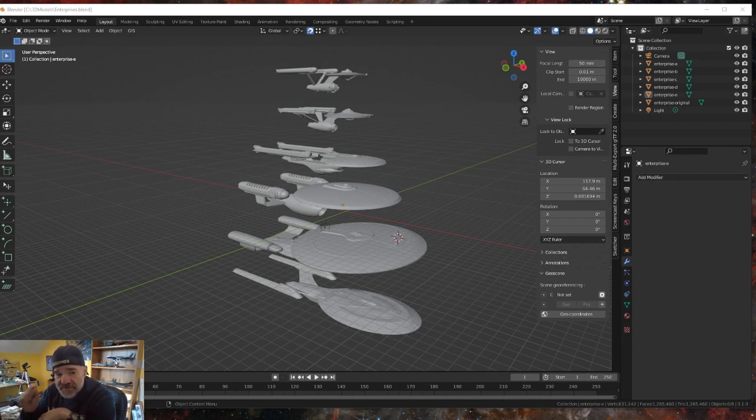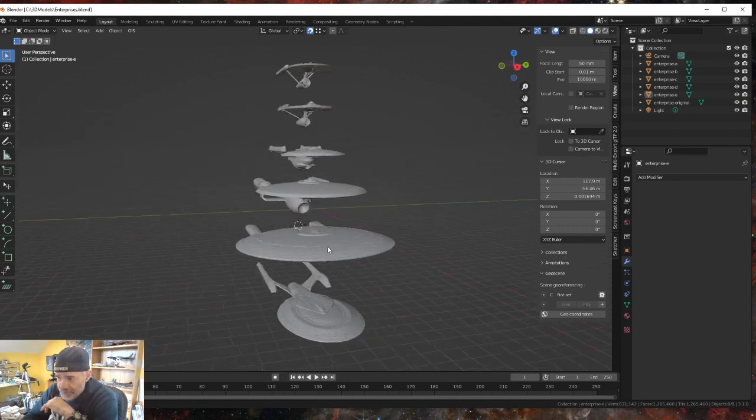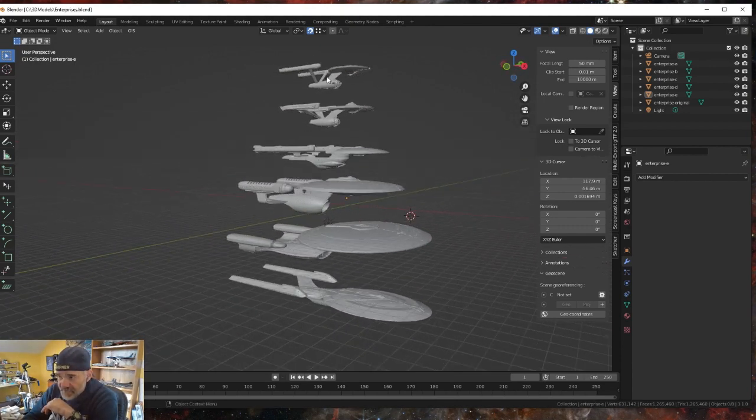Well, this video is going to be related to the plastic models, even though on the screen right now you're seeing the Starship Enterprise in Blender, and we have the original series. The 1701-A is this one. I don't have the refit one on here, but there are some subtle differences, though not too much.